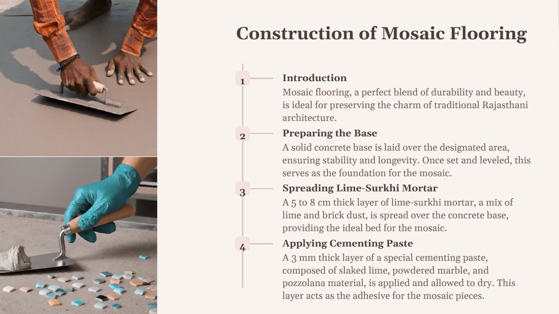Applying cementing paste is the next step. We apply a 3 mm thick layer of special cementing paste. This paste is a mix of 2 parts slaked lime, 1 part powdered marble and 1 part pozzolana material. We spread it out and let it dry for about 4 hours. This layer acts as an adhesive that holds our mosaic pieces in place.